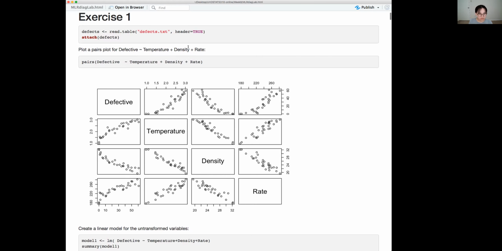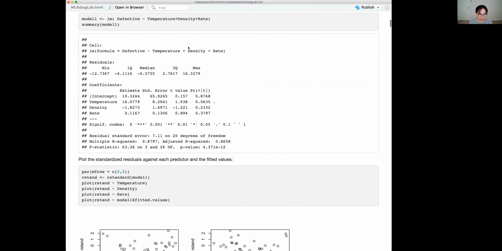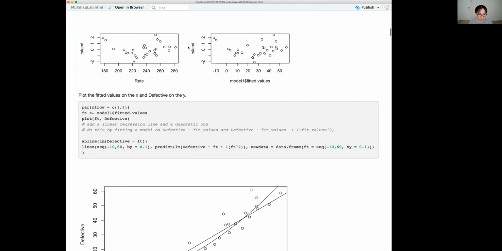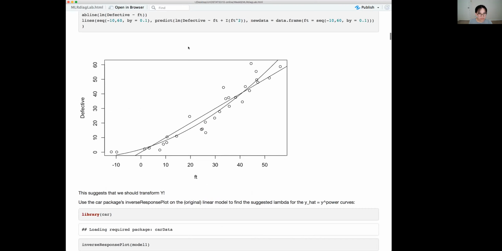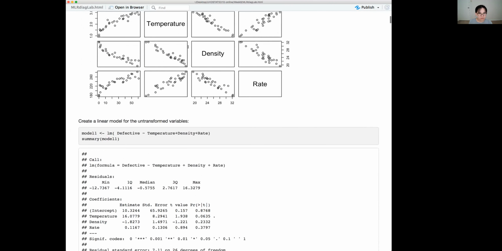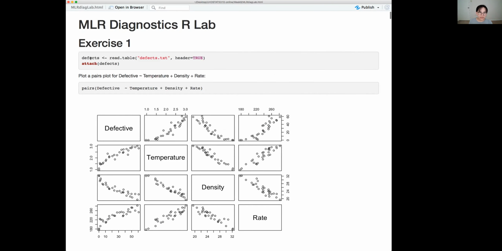The first exercise we have is to fit a model. Here we fitted a model for the defective products on the temperature, density, and rate.